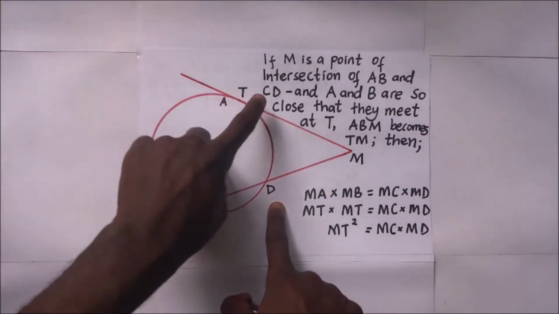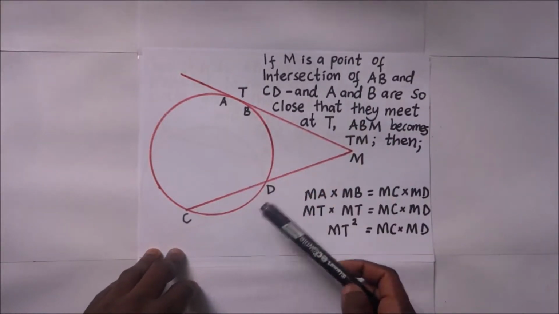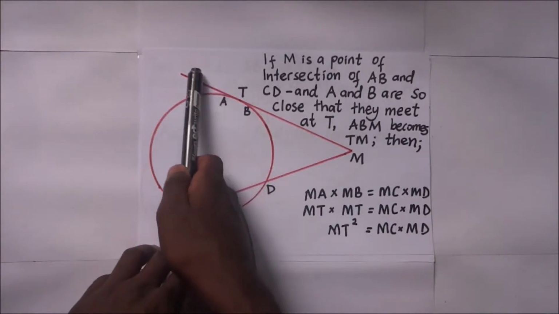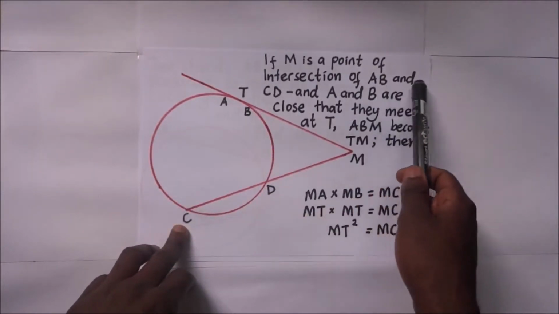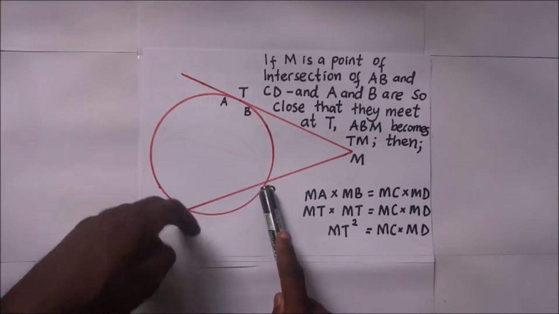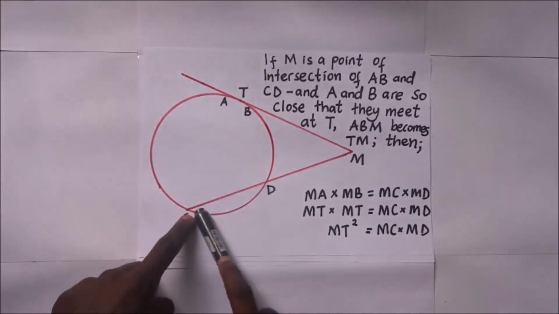And of course, here the write-up says that if M is the point of intersection of this AB, which is this line, and CD, which is that line, we are having chord AB, which is too small, and CD.